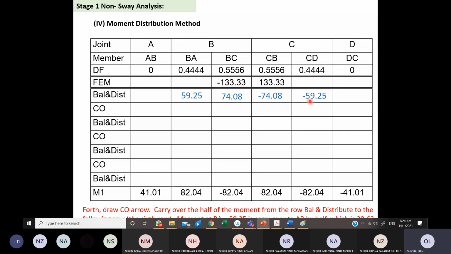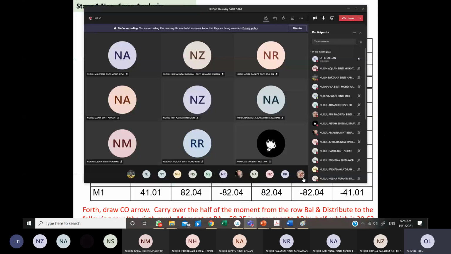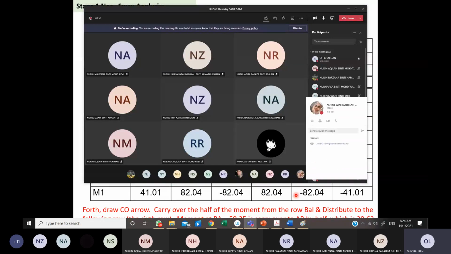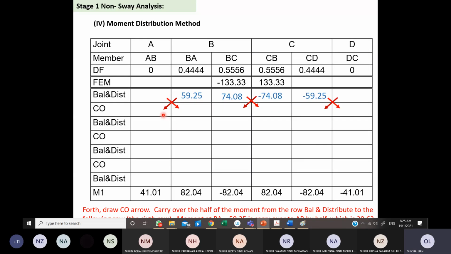Okay, then I would like to call our helpers to talk about the carryover. Explain on the carryover. So how about Nurin Farzana, are you here? Yes, doctor. Can you explain on the carryover? So why is this arrow such?